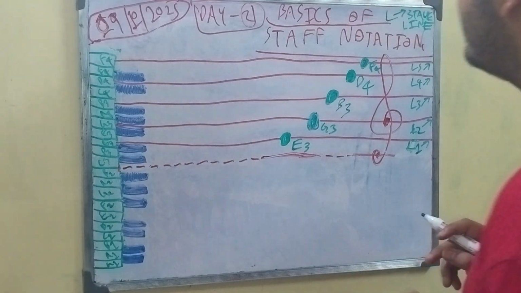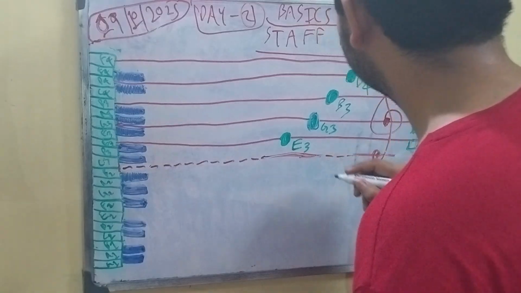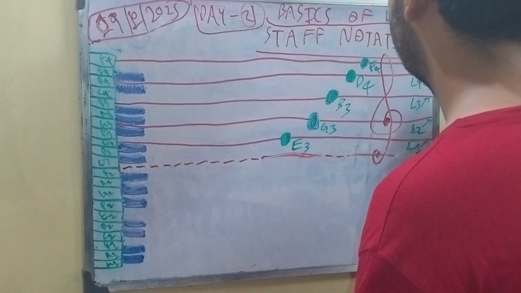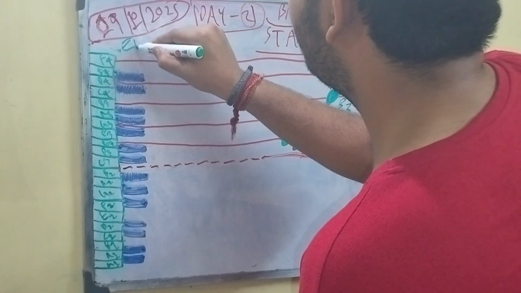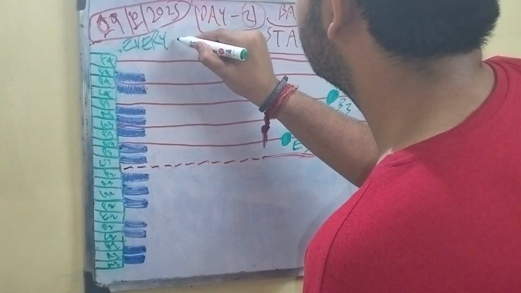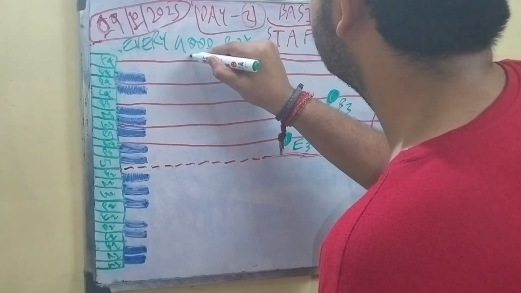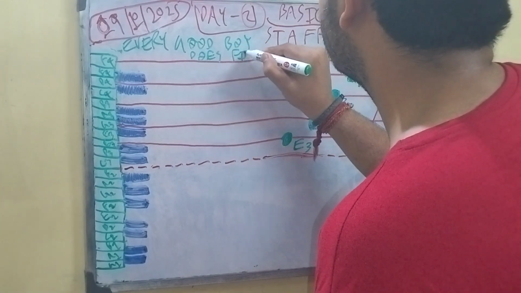And there is an acronym for EGBDF, if we write only the alphabets without the suffix. E for every, G for good, B for boy, D for does, F for fine.